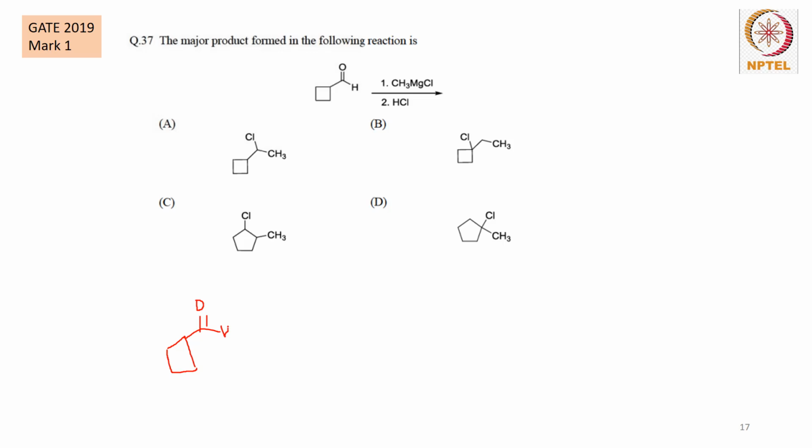See, whatever you know, this is a Grignard compound. In case of Grignard, this is negatively charged and magnesium is positively charged. So here the nucleophile is CH3 minus.